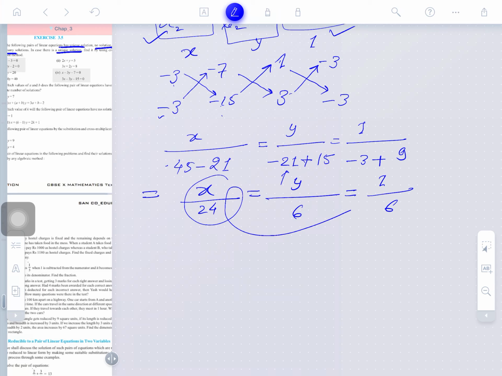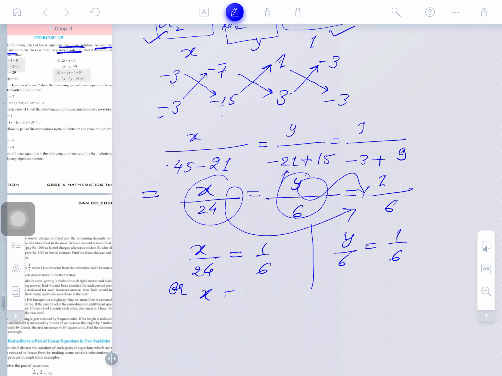Once you take this equal to this, and later you take this equal to this. So the first case, x by 24 is equal to 1 by 6, and in the second case you will solve y by 6 is equal to 1 by 6.